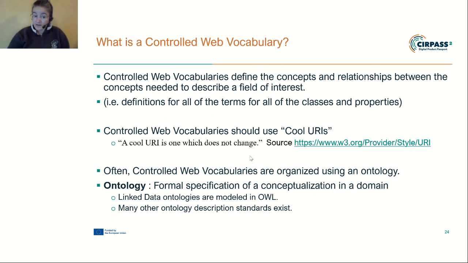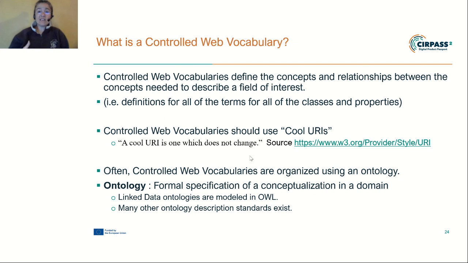Often, but not all the time, controlled web vocabularies are organized using an ontology. And here I'm going to introduce a very complicated definition. An ontology is a formal specification of a conceptualization in a domain. This is a very complicated definition, but what it says is that it's a formal specification, meaning that it refers to a standard, of a conceptualization.